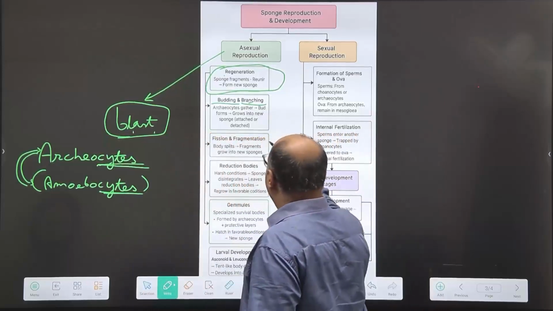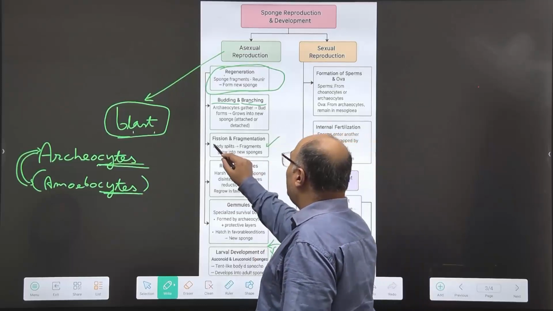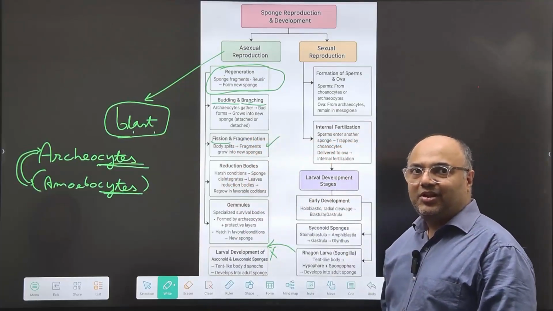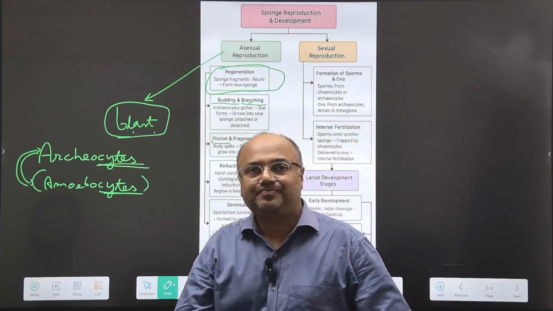Okay, moving down to the next thing, fission and fragmentation. So fission, it's not binary fission like in the case of amoeba or like in the case of bacteria.